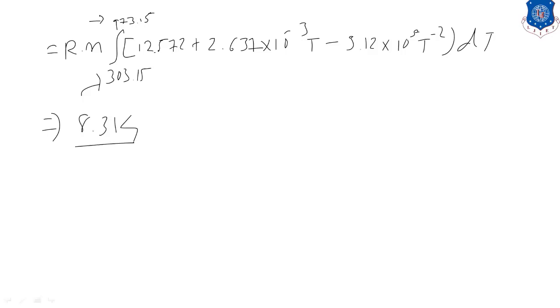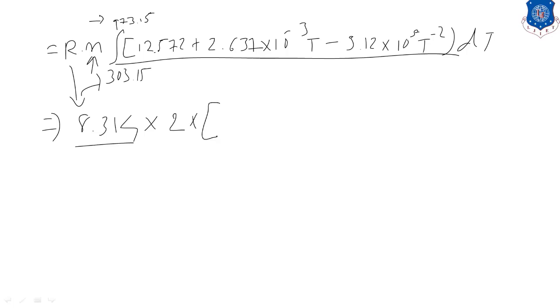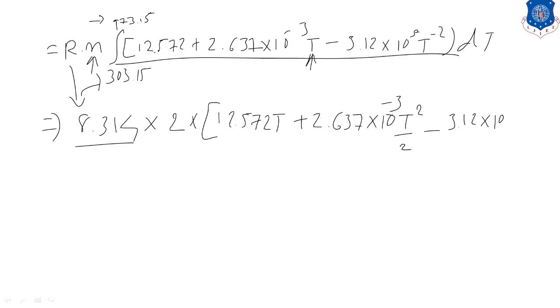8.314, which is the value of R, multiplied by the number of moles, which is 2, multiplied by this equation. By integrating, we will get 12.572 into T plus 2.637 multiplied by 10 raised to minus 3, and the integration of T becomes T square upon 2, then minus 3.12 multiplied by 10 raised to 5.